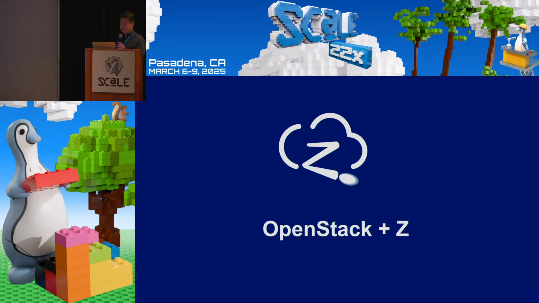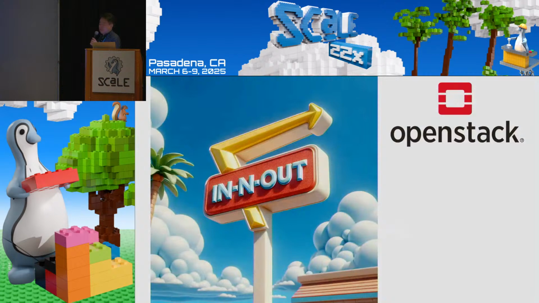Let me talk about the OpenStack Z project. Four months ago, we launched the OpenStack Z task force team to empower the move in and move out capability in OpenStack across multi-hypervisors or multi-cloud platforms.